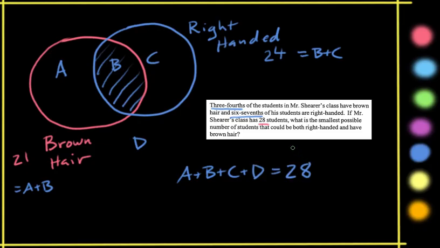So hopefully you can see that the way to make B as small as possible is to make D, let's see, to make D as big as possible.